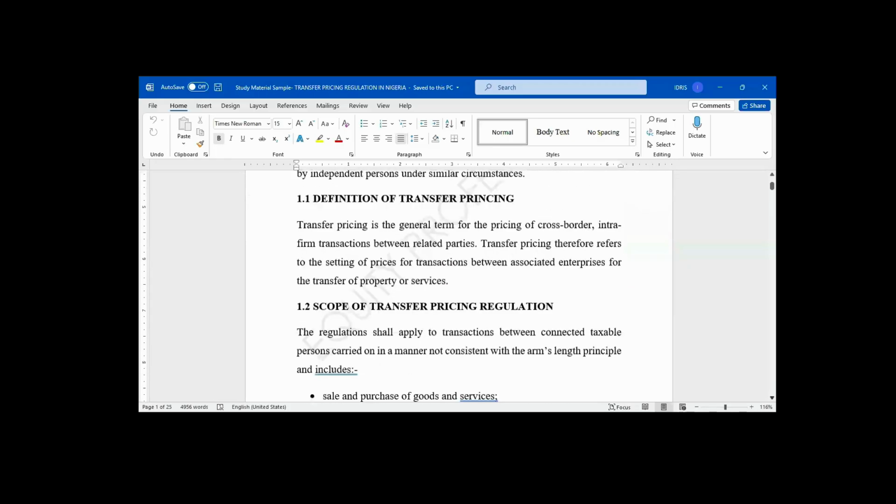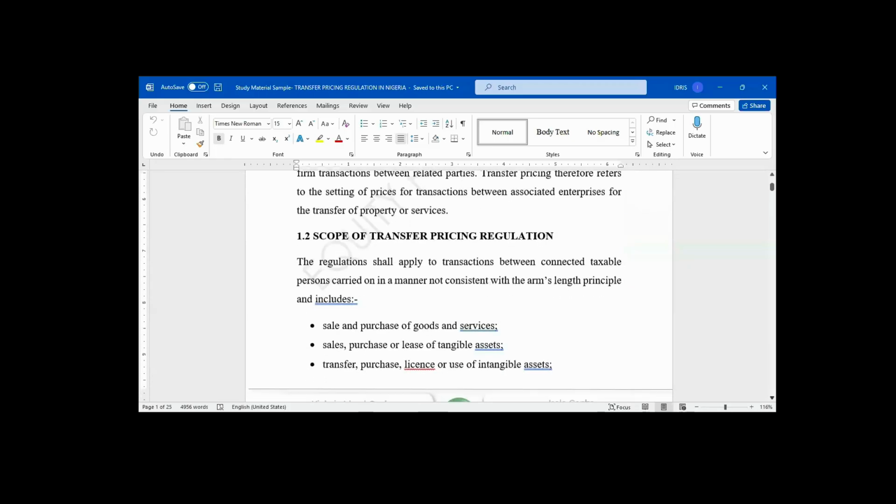So what is the scope of transfer pricing regulation? Under the Transfer Pricing Regulation Act, the following transactions are covered. That means if you engage in the following transactions, you need to comply with transfer pricing regulation.